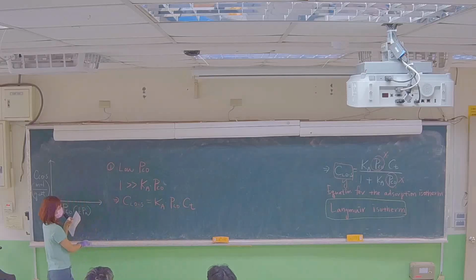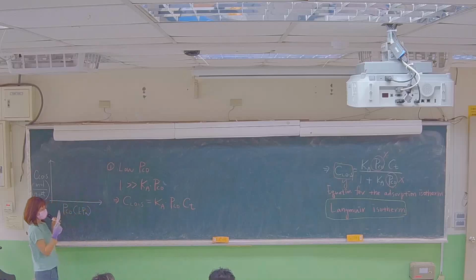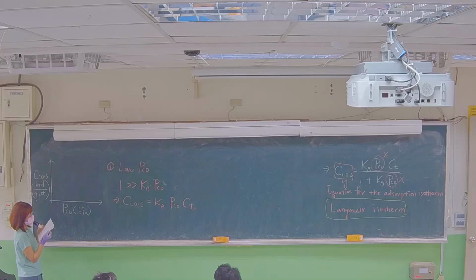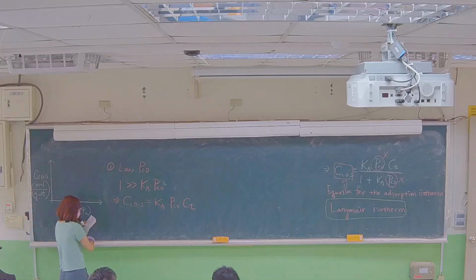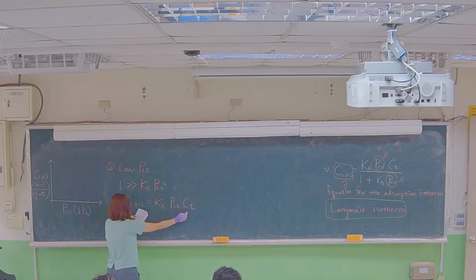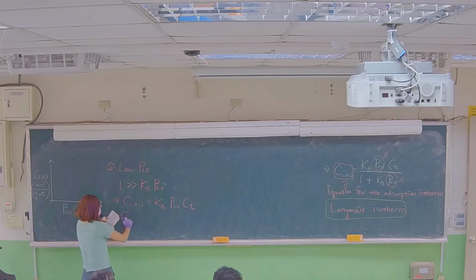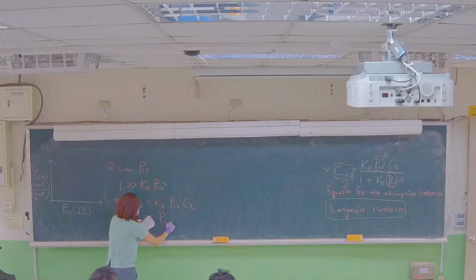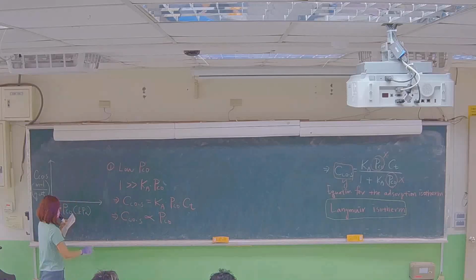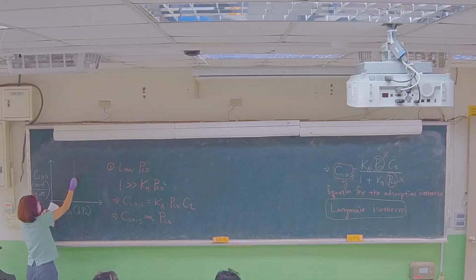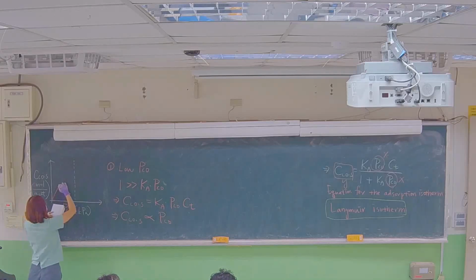And compare the original equation. I have mentioned that Ka and Ct are constant. So that means the concentration of CO* is proportional to the pressure of CO. Therefore, in the small region, we get a linear relation.